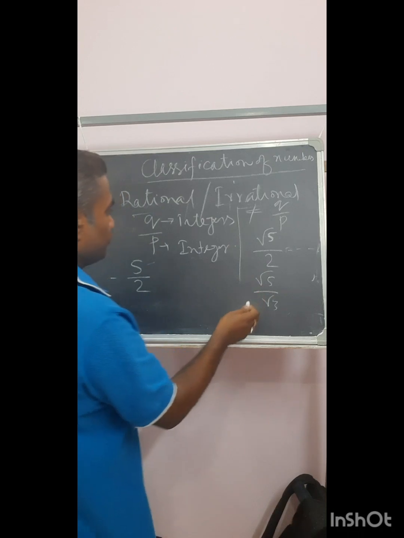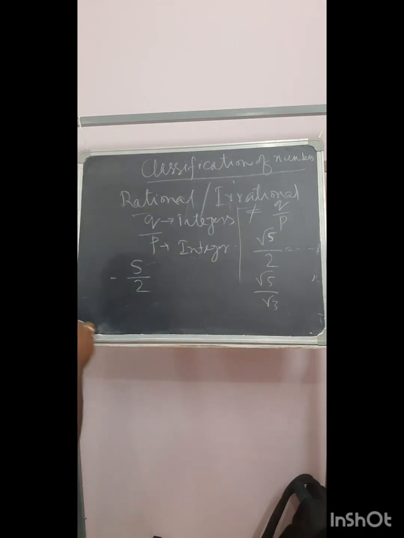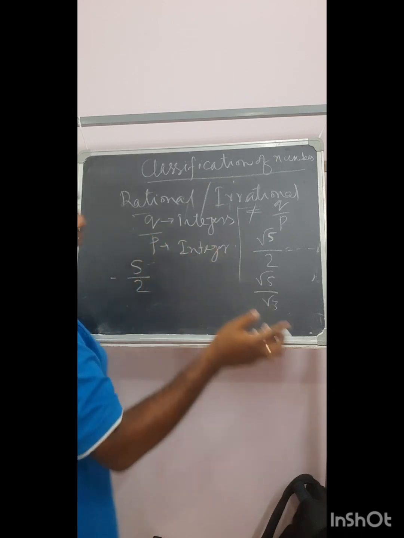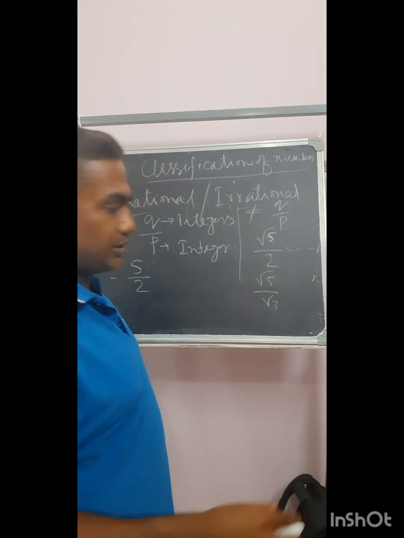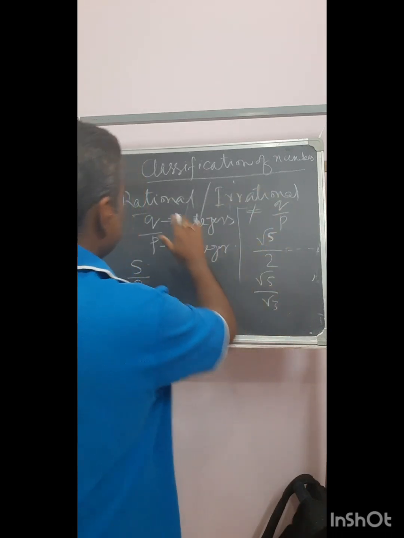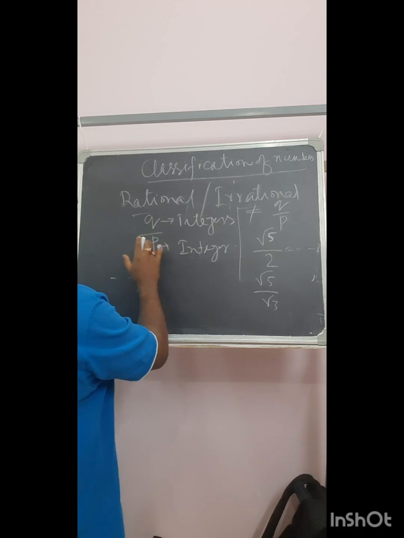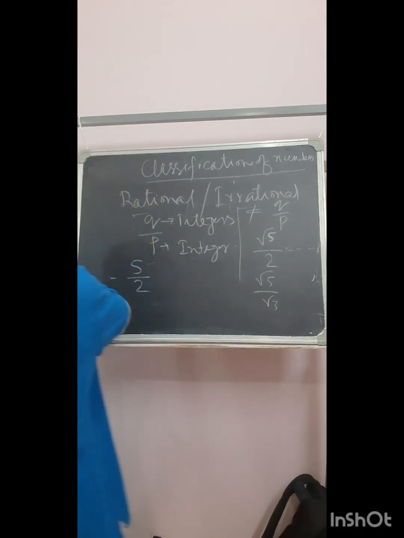The first and foremost thing is it cannot be represented in the form of p and q. Okay. For other things you can go to the 3rd chapter where more descriptive things are written, but this is the basic thing that you have to remember, that rational numbers are those which can be represented as p by q, two integers. Here we cannot.